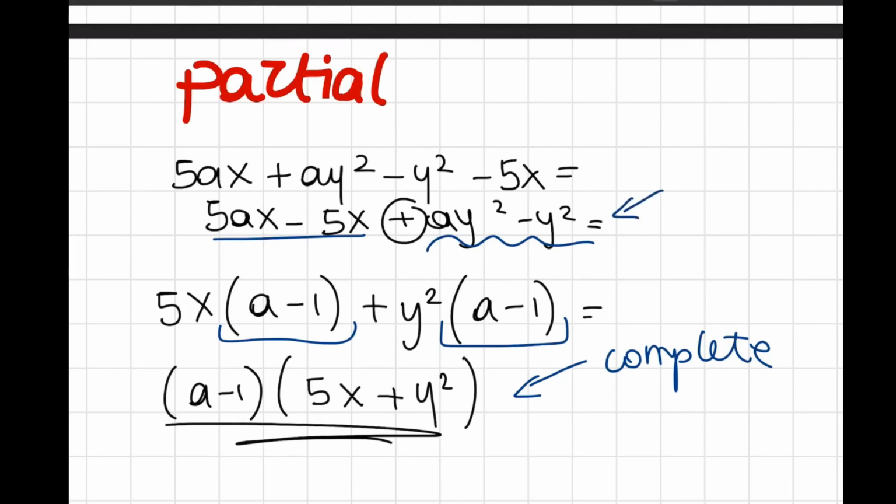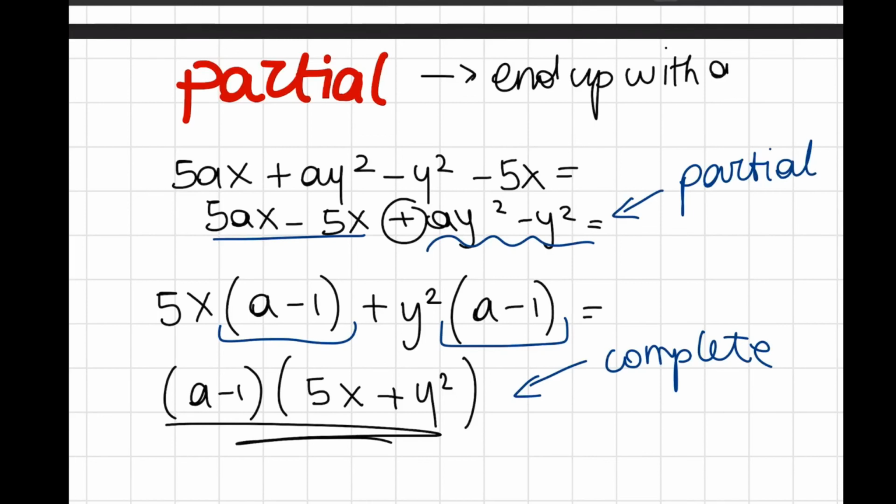But in here, we did partial. So that's why I refer to partial as being sometimes a step to reach complete factorization. It's called partial because it's a step, and also because you end up with a sum. So it's not a product, as we saw with our complete factorization.